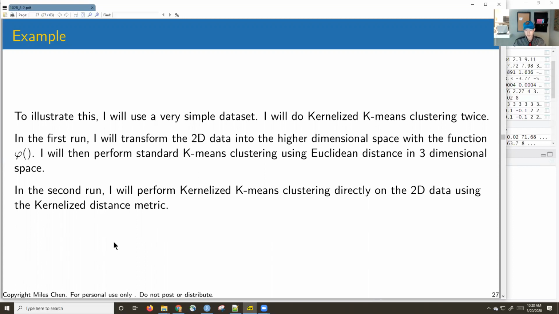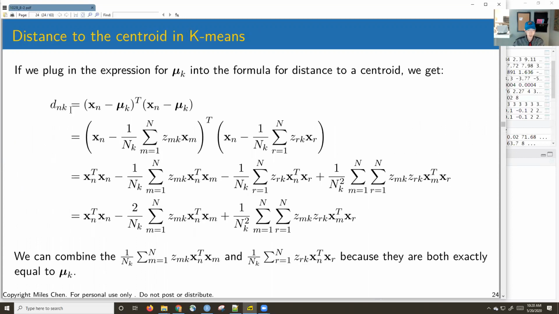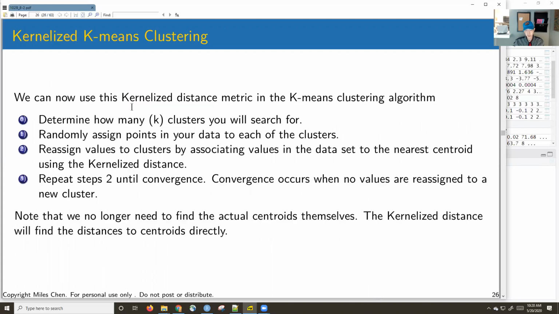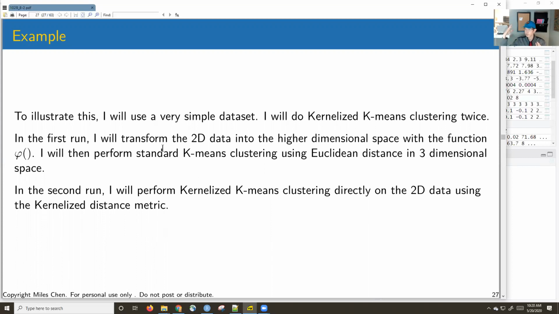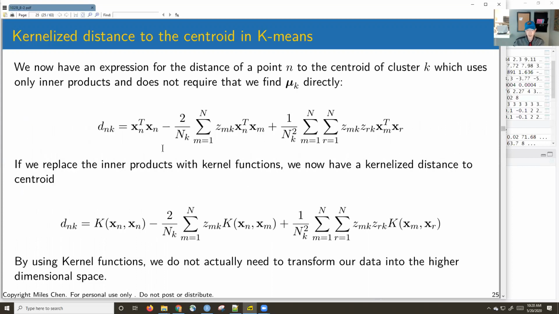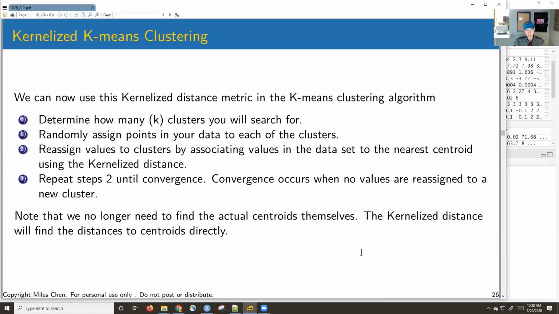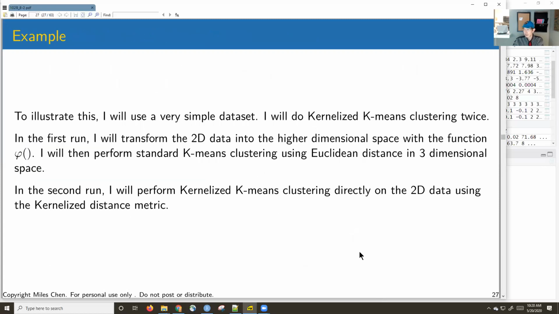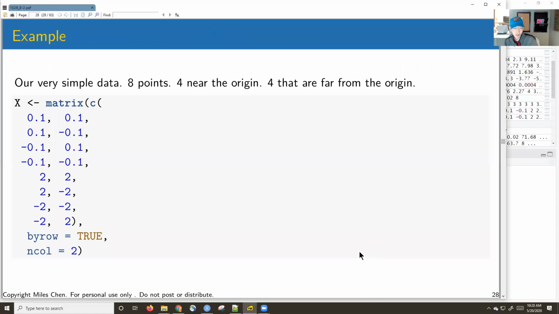We're calculating the centroids themselves and finding the Euclidean distance to the centroid that way. Then I'm going to do it again using this crazy messy formula, and we're going to see we get the same distances and the same results without having to actually do the data transformations. Okay, so here is our data.